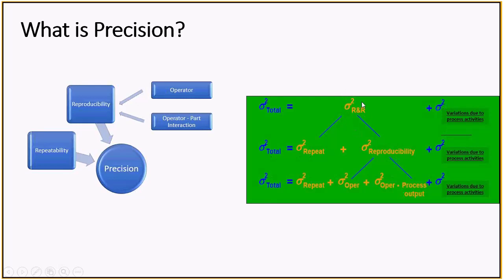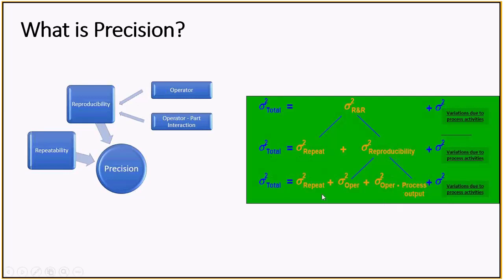Gauge R&R variation has two parts, repeatability and reproducibility. And reproducibility has two parts, operator and operator-part interaction. I will tell you in more detail about operator-part interaction when we take variable gauge R&R. In attribute gauge R&R we do not find this kind of interaction too much.